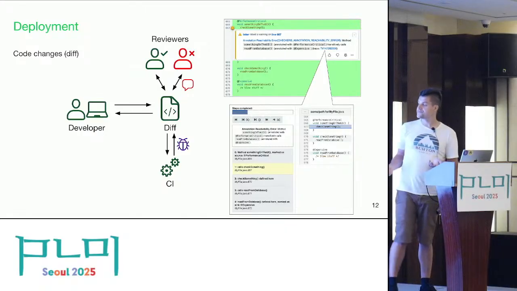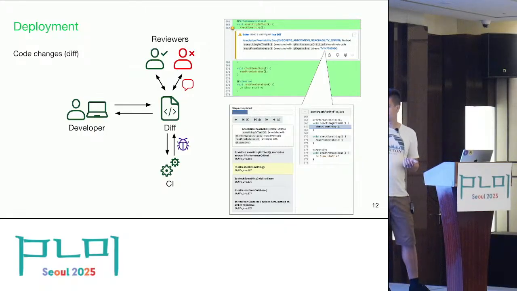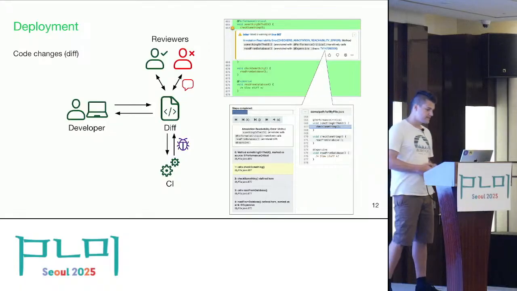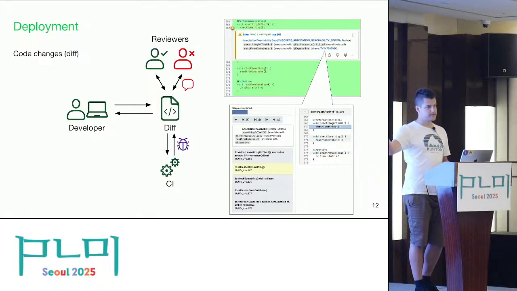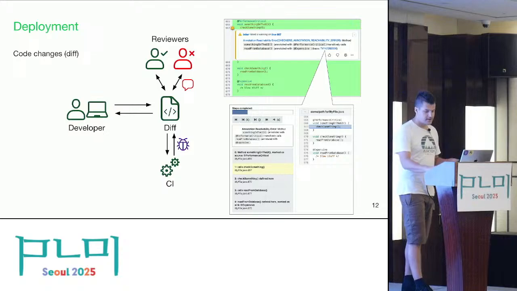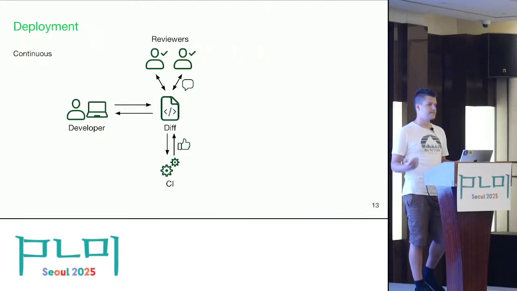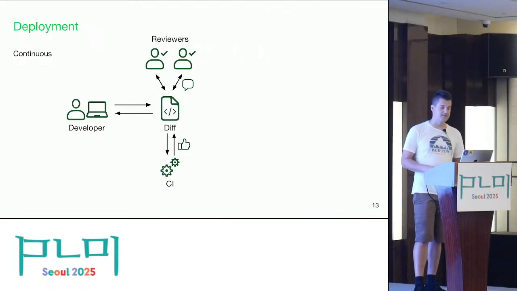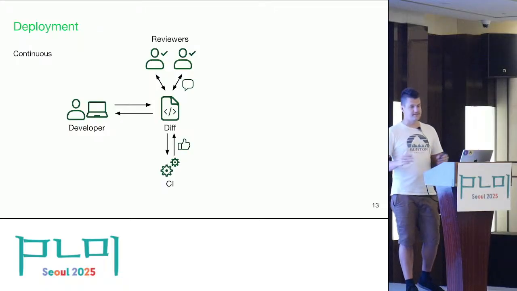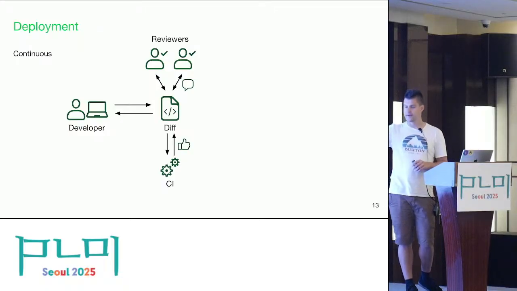And once the reviewer comments come in and also the signal from static analysis, then the diff, the code change, goes back to the author, so they can submit a new version. And let's assume that they fix all the problems flagged by static analysis, all the problems flagged by the reviewers.